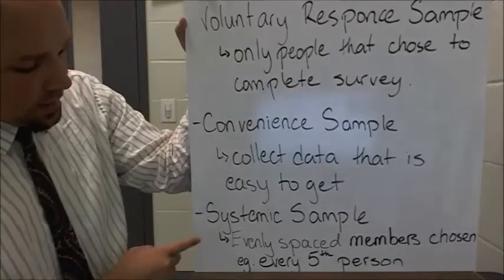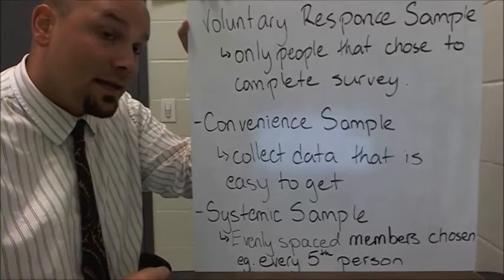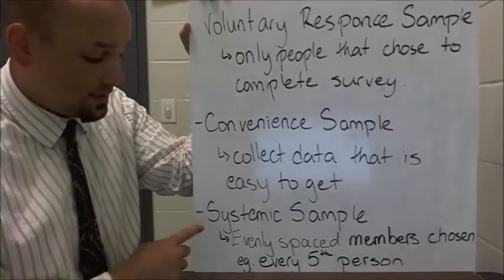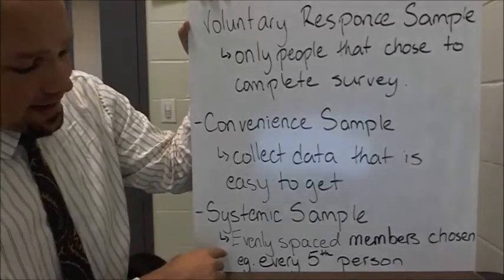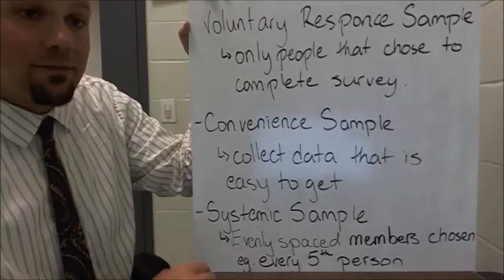A systemic sample is very complicated to get, but it's very good. A systemic sample means evenly spaced members are chosen, for example, every fifth person.